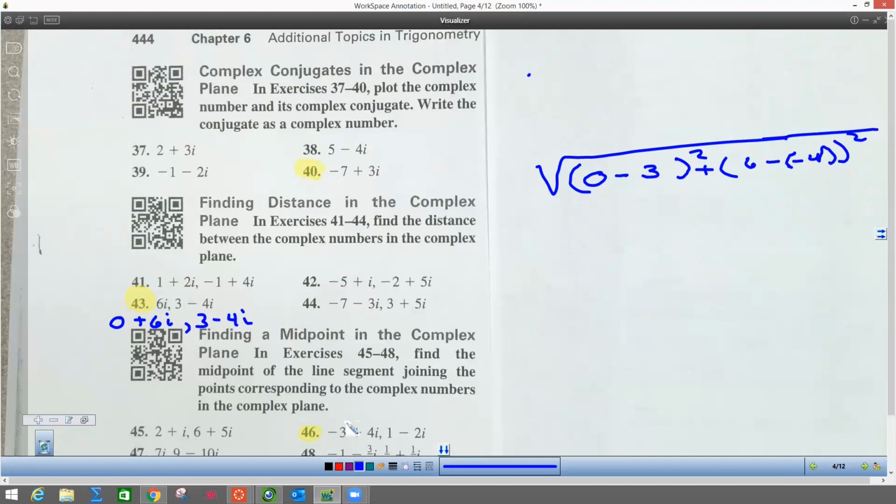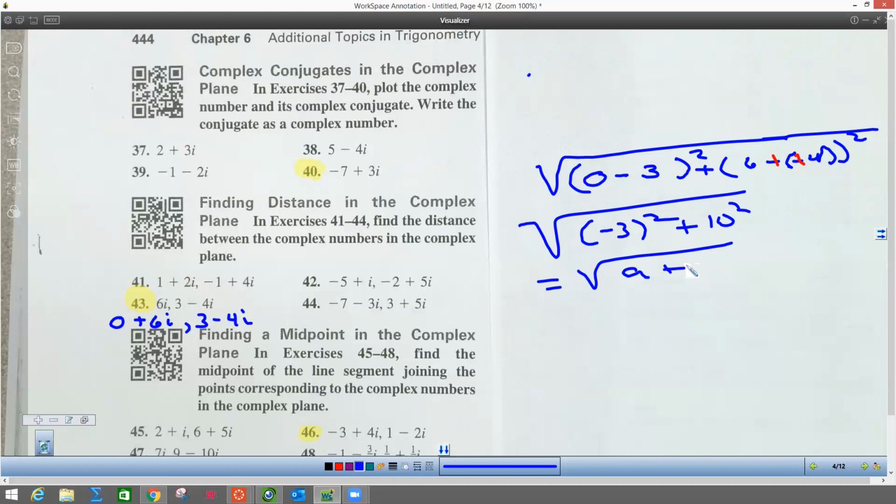So now you just do what you've been doing forever. So we get negative 3 squared, and I hope you realize that if you take minus a negative, that's plus a positive right there. So this is going to be plus 10 squared, which is going to be 9 plus 100. So this is the square root of 109.